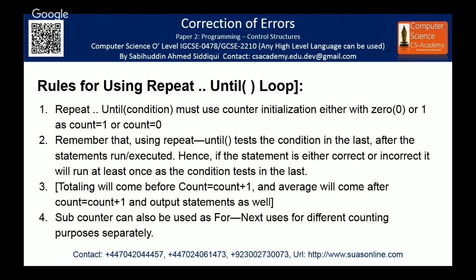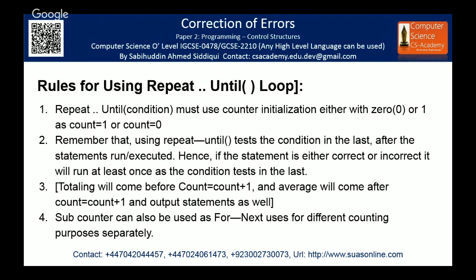So all the counters and the running totals will be calculated within the loop, before count equals count plus 1, and then the average will be calculated after the loop terminates, that is after the until condition. And the output statements as well.